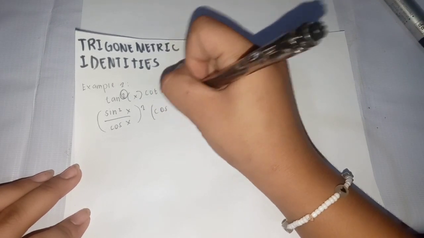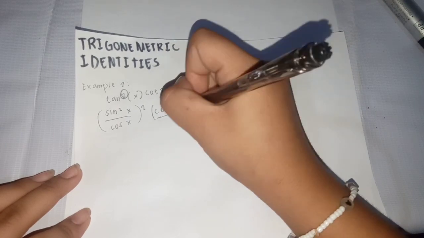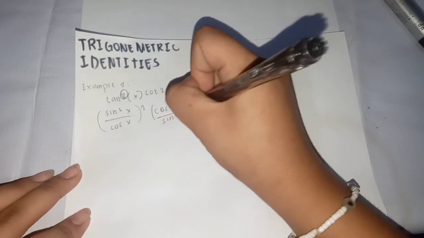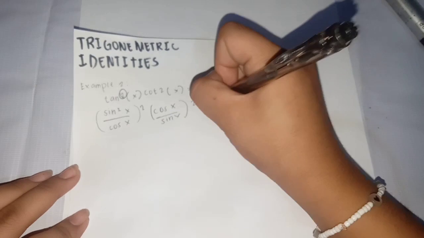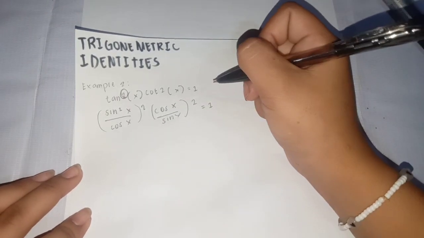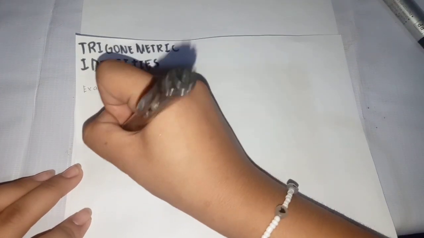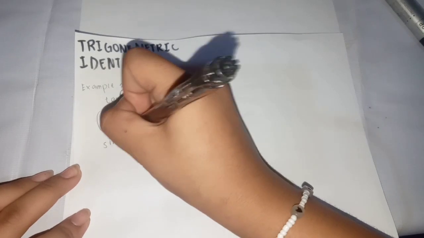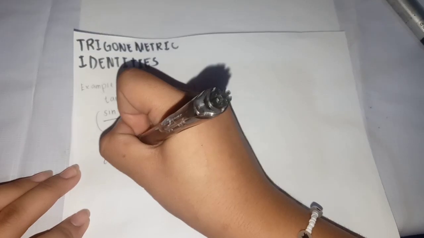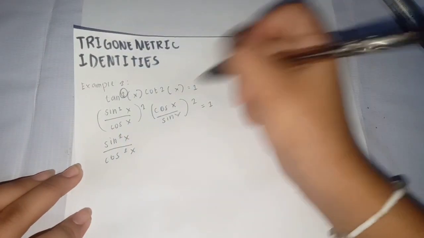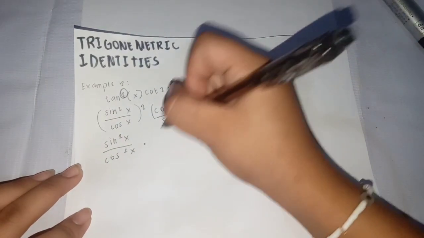Cotangent is the reciprocal of tangent. We know that cotangent is cosine over sine, and this is squared as well. I'm going to distribute the exponent. This is sine to the first power and it's raised to the second power. So 1 times 2 is 2.